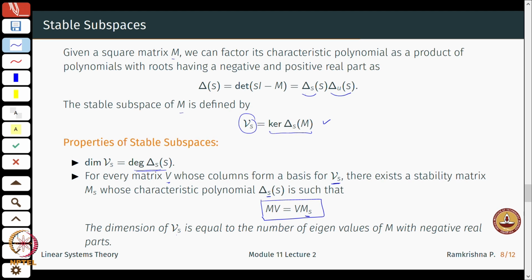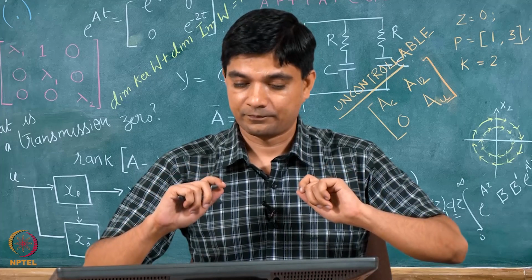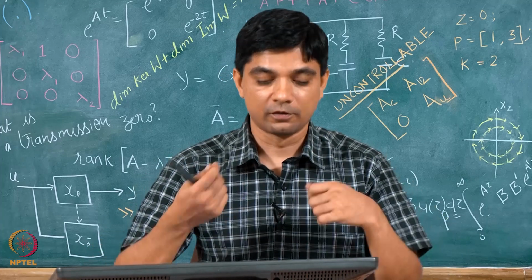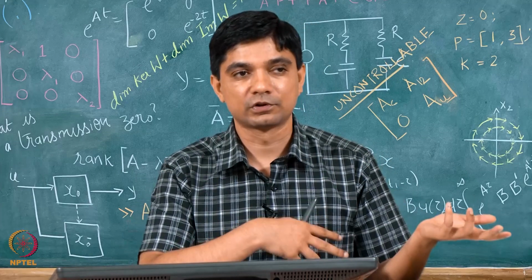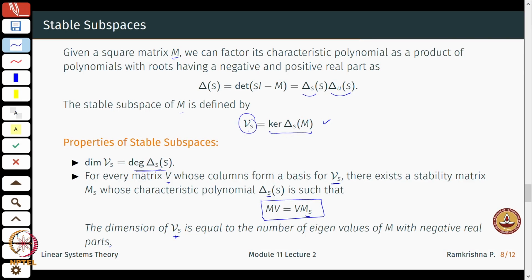That the dimension of V_S, the stable subspace of M, is equal to the number of eigenvalues of M with negative real parts. This is just in general. I do not know what the matrix M is, I just know it is a square matrix, and I can factor its characteristic polynomial as a product of polynomials which have roots on the left half plane and on the right half plane, and I can say that the dimension of V_S is equal to the number of eigenvalues of M with a negative real part.